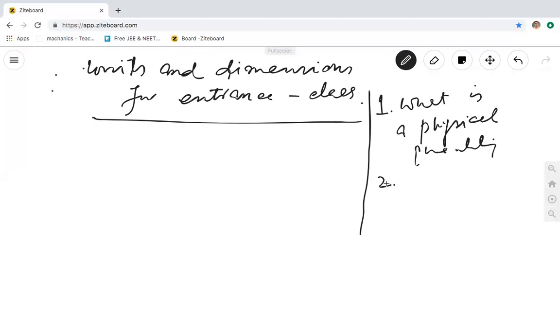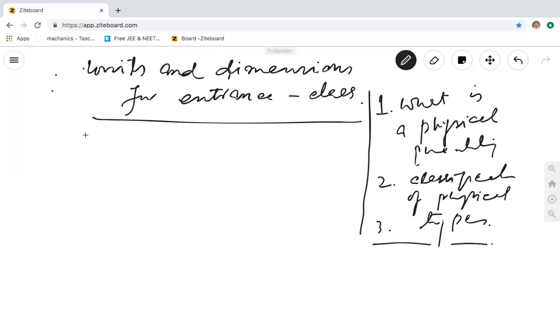And then we need to know how they are classified, the classification of physical quantities, then types, and then we will try to understand dimensions of physical quantities and units.